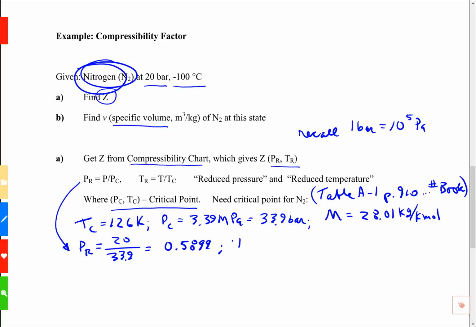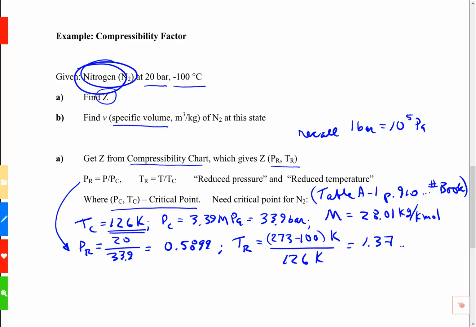And the reduced temperature, because this value is in Kelvin, I need the state I'm given in Kelvin. That's going to be 273 minus 100, that'd be in Kelvin, divided by 126 Kelvin, and that's about 1.37.